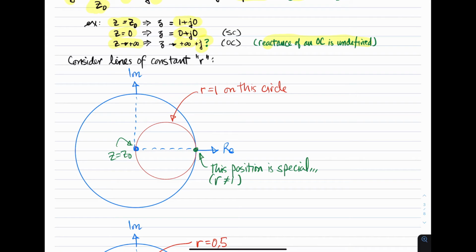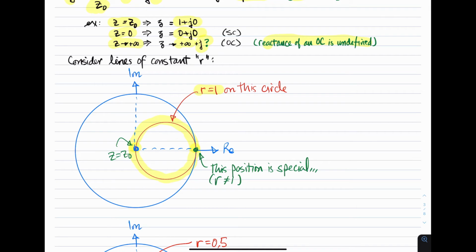So for example, if I'm interested in the points which all have r equals 1, that have a normalized real part equal to 1, it turns out that all such points lie on this line, which is itself a circle. The left side of the circle is at the center, and the right side of the circle is at the open circuit position.